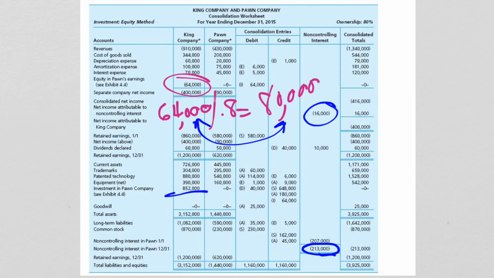Then you say, okay, well, maybe I know this one and maybe I know this one, so do I now know what the opening non-controlling interest is? Yeah, I can just plug it in. So if you know enough, you can get the math to work out to plug in what you don't know, what you weren't able to finish up on the worksheet or for whatever other reason. So these are great tools to know about how the relationships work with these worksheets.